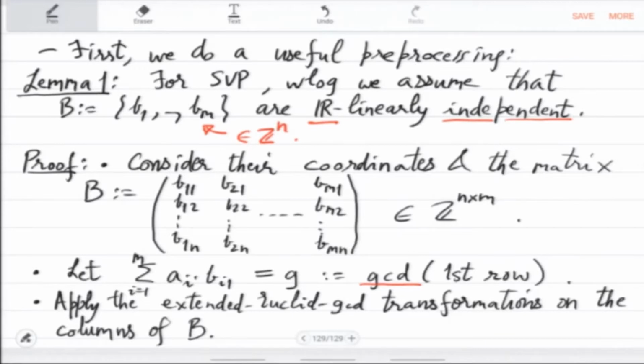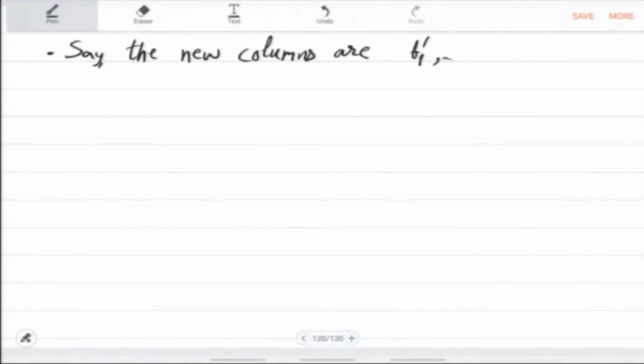You get a transform matrix. Say the new columns are B1 prime to Bm prime.